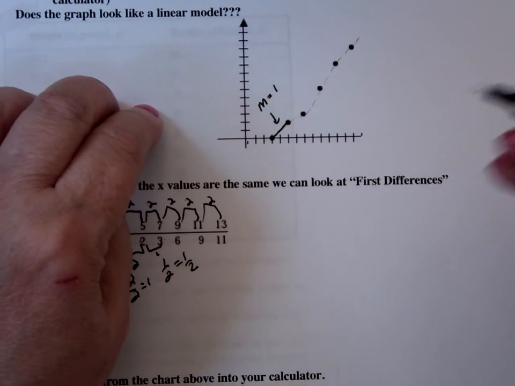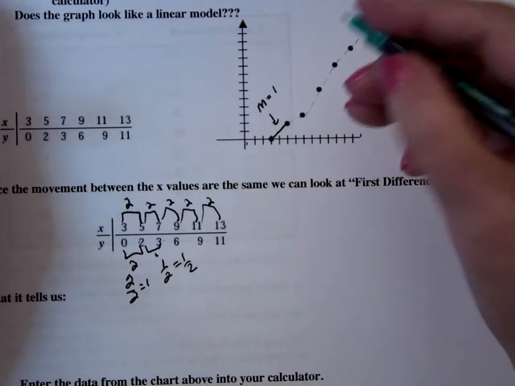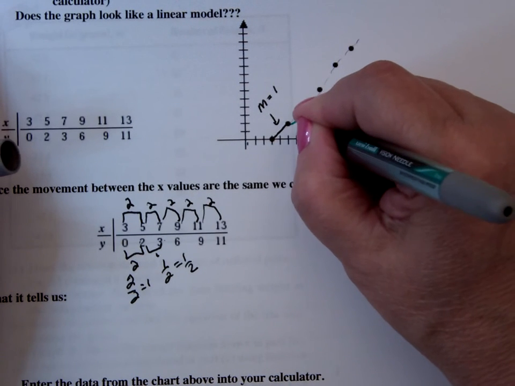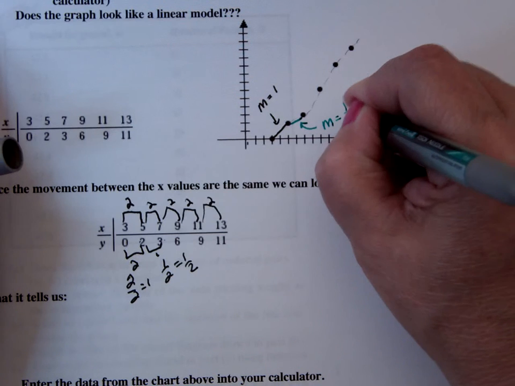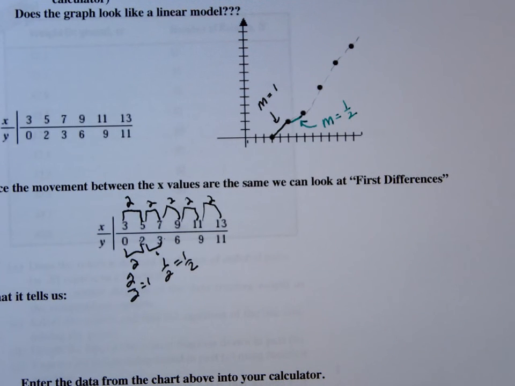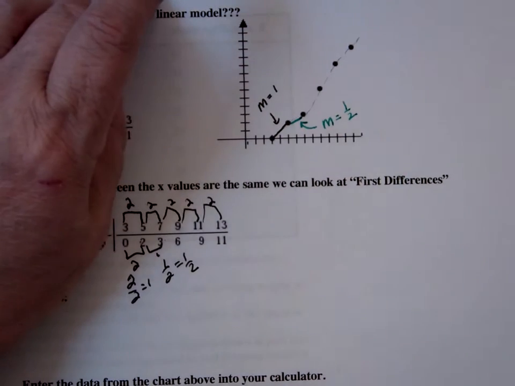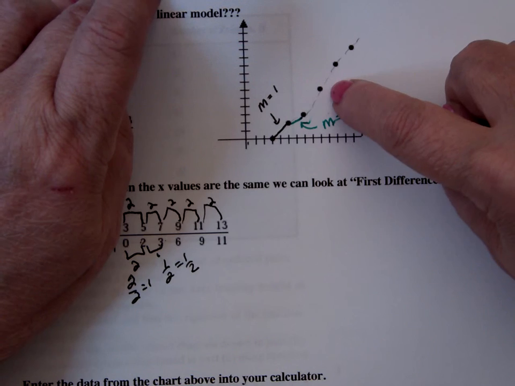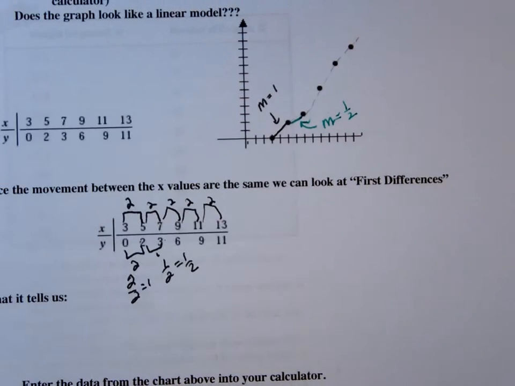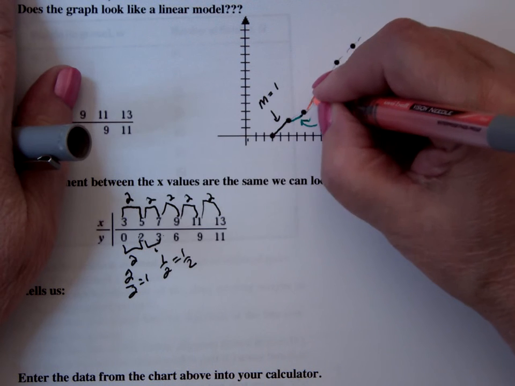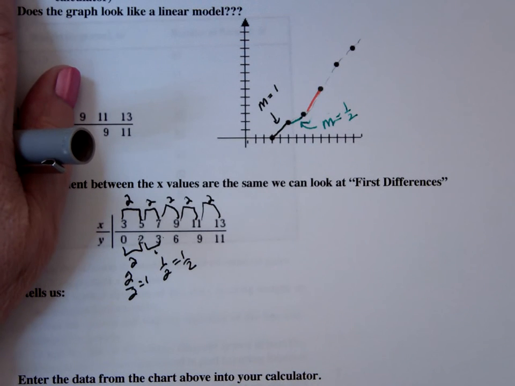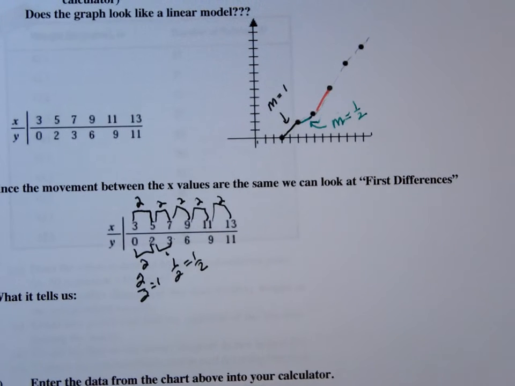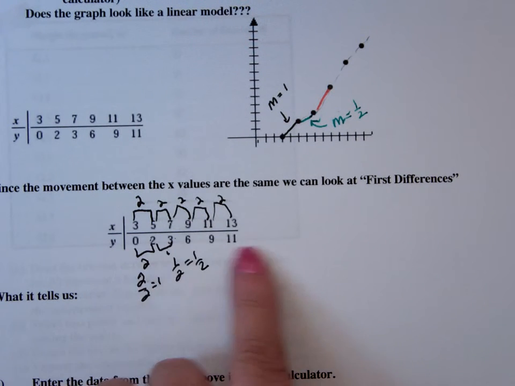So the slope between these two coordinate points is 1, but the slope between these two is 1/2. It's not the same. It's not linear. You could say it might be almost linear, but it's not linear. If I were to do the next two, the slope would be steeper. If these were the same, it would be linear.